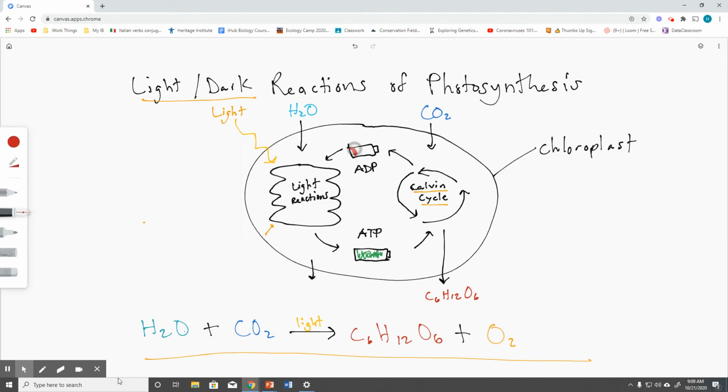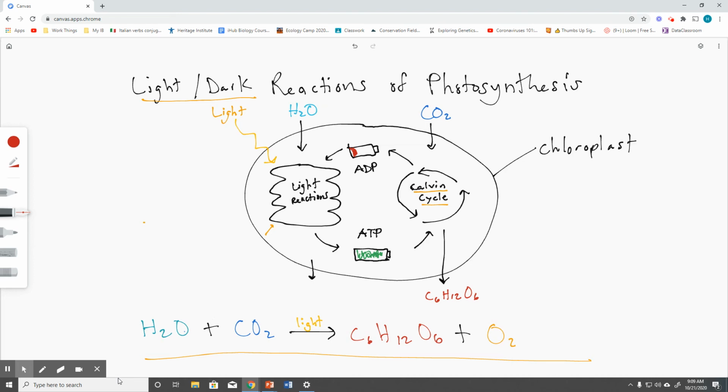So here is an empty battery symbol. Hopefully you can do better than that. And so then it's empty now. It goes back into the light reactions, and it is repowered, and it gets full again. It gets recharged, and then it can continue going to the Calvin cycle and giving energy to the Calvin cycle to make CO2 into sugar.